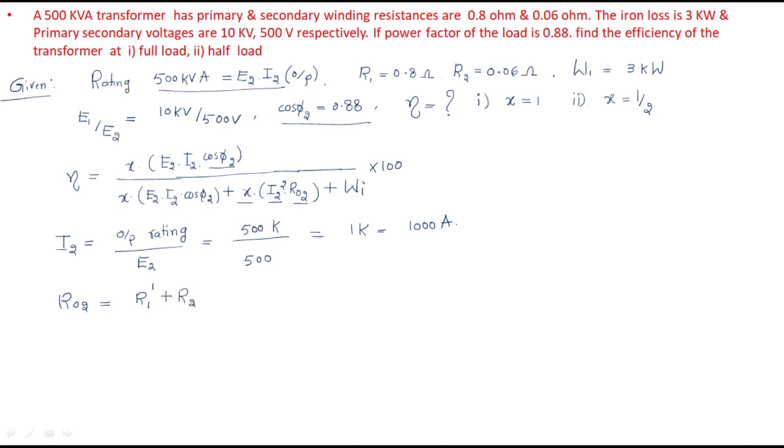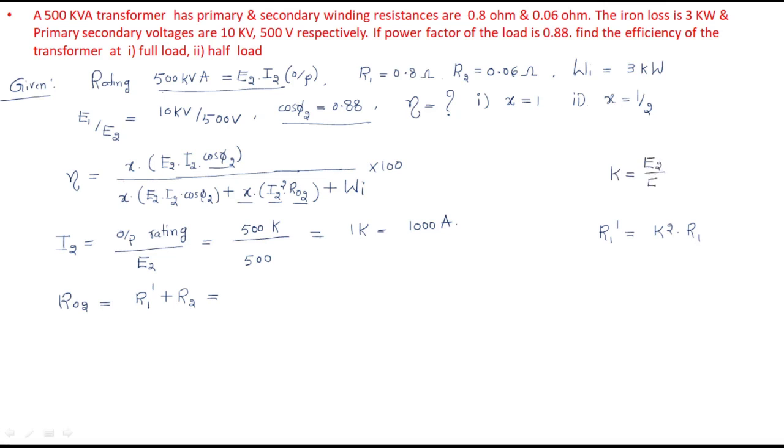So we have to find out the R1 dash here. R1 dash is nothing but k square into R1. What is k here? k I can write as E2 by E1.